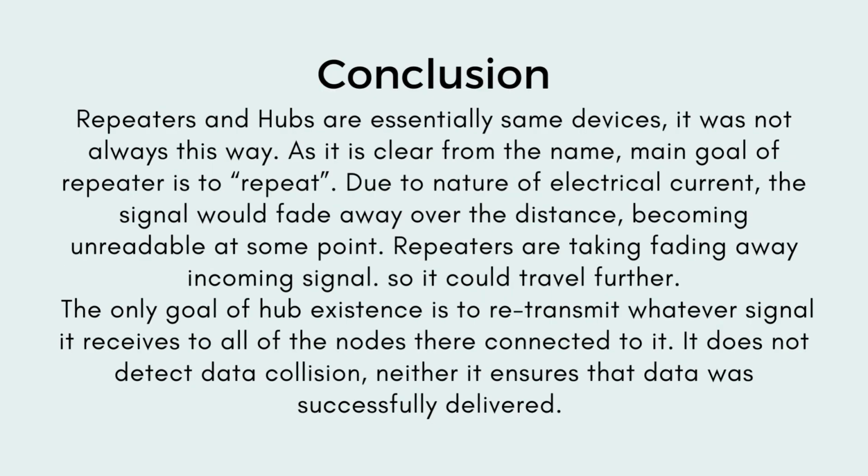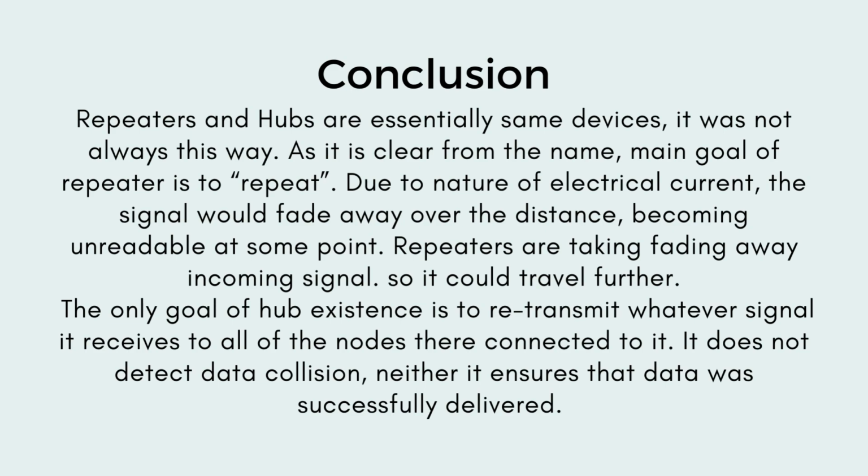Conclusion. Repeaters and hubs are essentially the same devices. It was not always this way, as is clear from the name. The main goal of a repeater is to repeat. Due to the nature of electrical current, the signal would fade away over distance, becoming unreadable at some point.